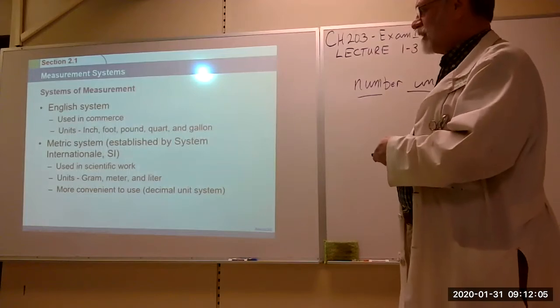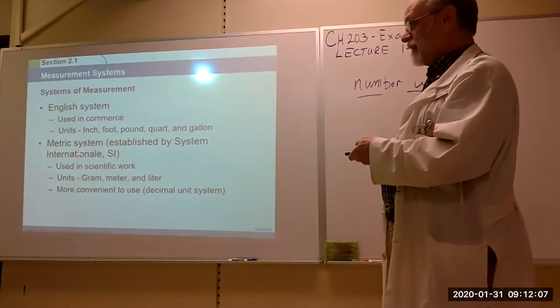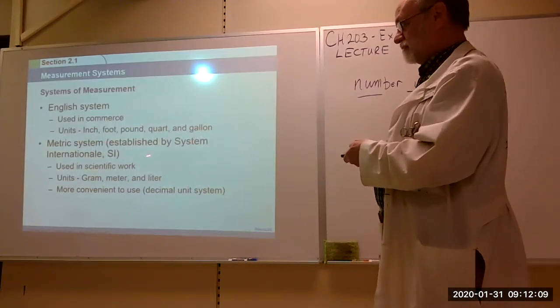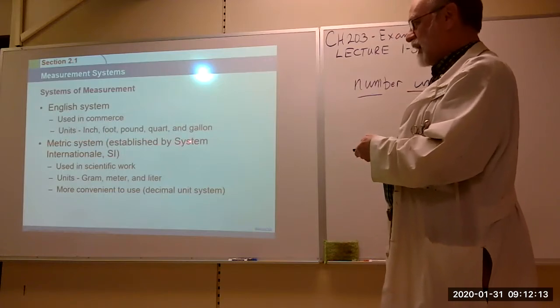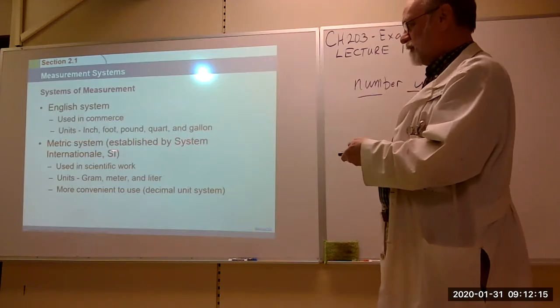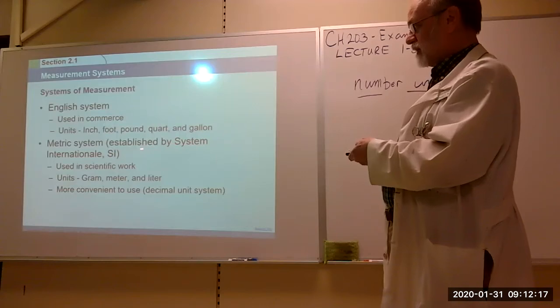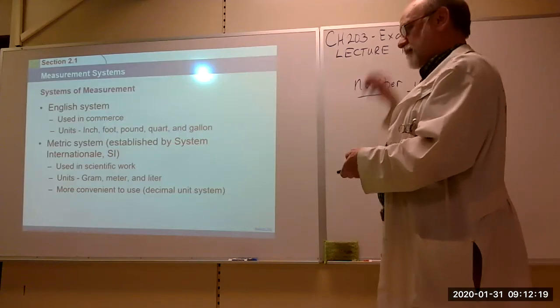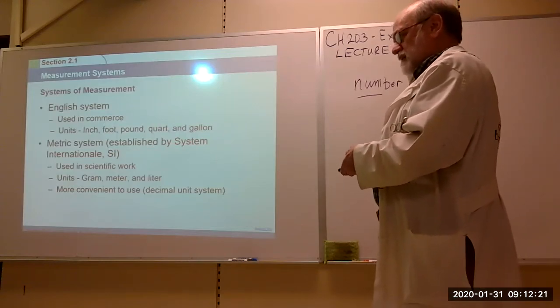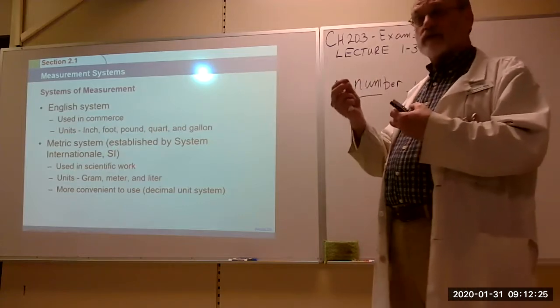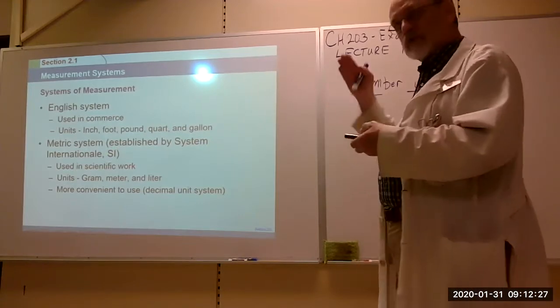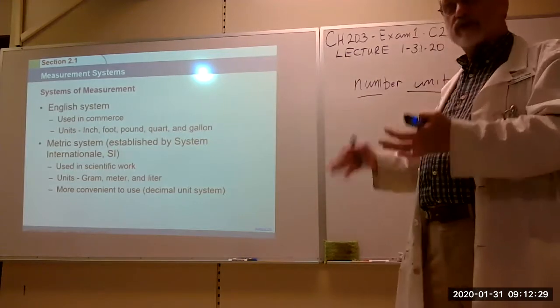Okay? In science, this is the system, the metric system. And it's an international system, a consortium of agencies that have agreed upon standard values for each of these units, types of measurements.